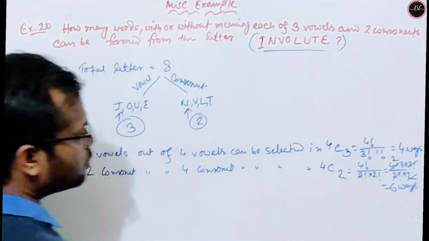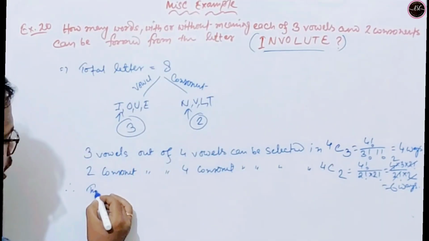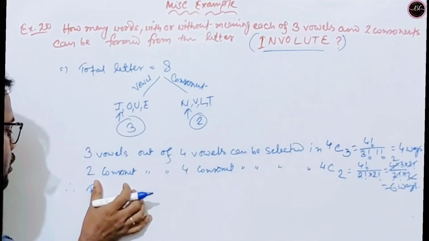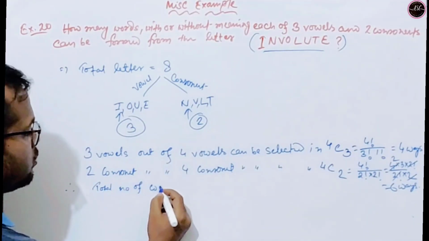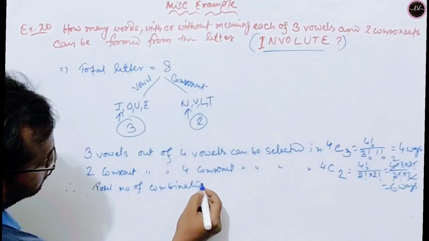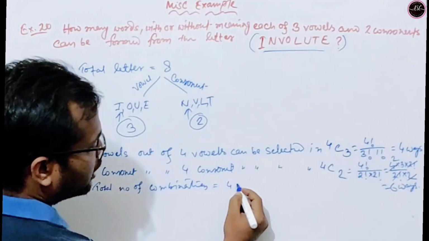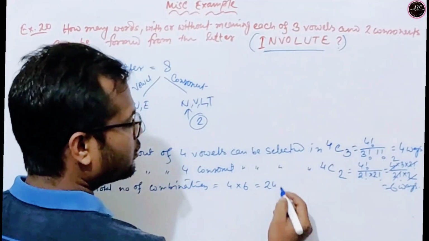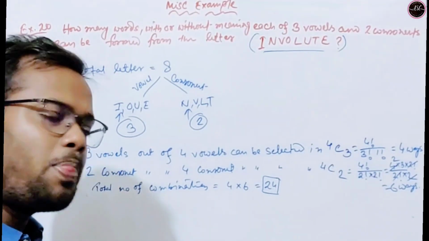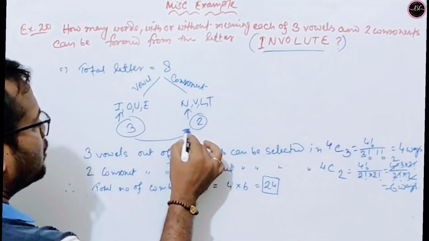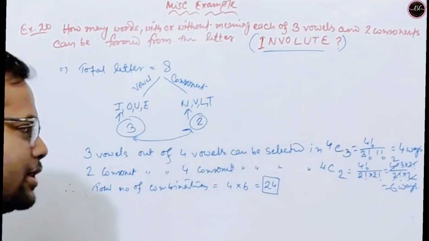So therefore the total number of combinations equals 4 into 6, that means 24. Here we get 24 combinations, each of 5 letters, that means 3 plus 2.